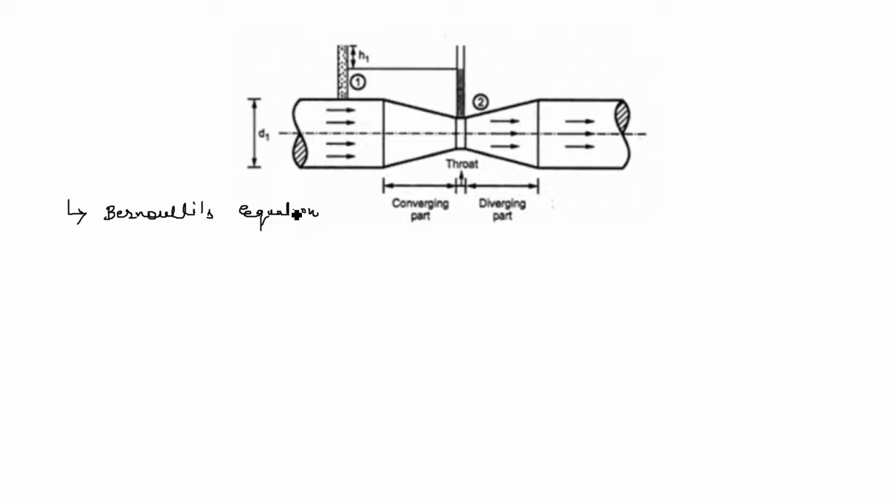While deriving this Bernoulli's equation, one of the assumptions we take is that the fluid is ideal in nature, that is viscosity is 0. For ideal fluid, viscosity is 0. But in practical, no fluid is ideal.